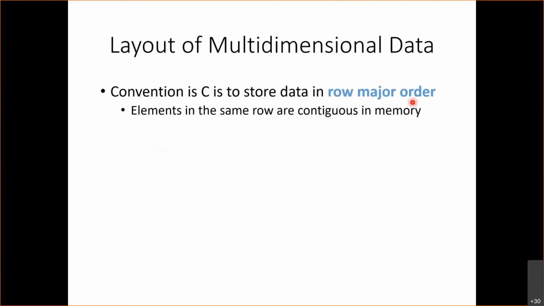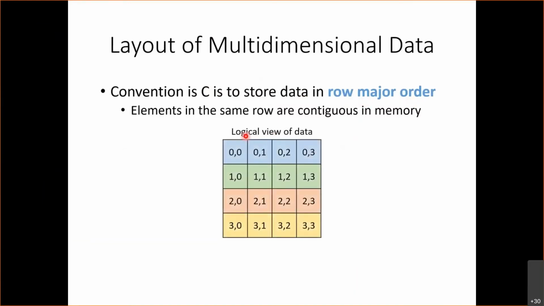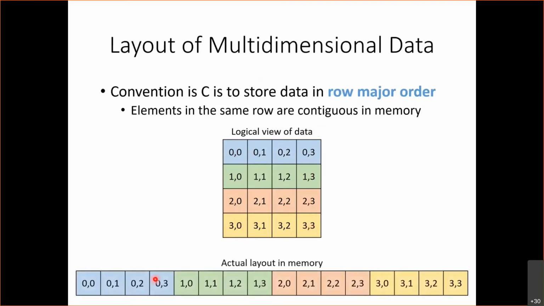If I have an array that consists of two-dimensional data, but I store it as a one-dimensional array, then when I lay this data out in memory, we lay out the first row, and then the second row, and then the third row, and then the fourth row. So the actual layout of the data in memory is going to look like this: the first row, followed by the second row, followed by the third row, followed by the fourth row.